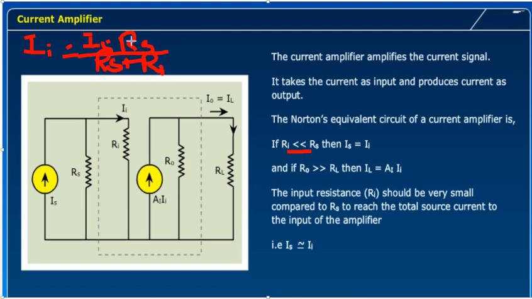So these two terms cancel, and II is equal to Is.